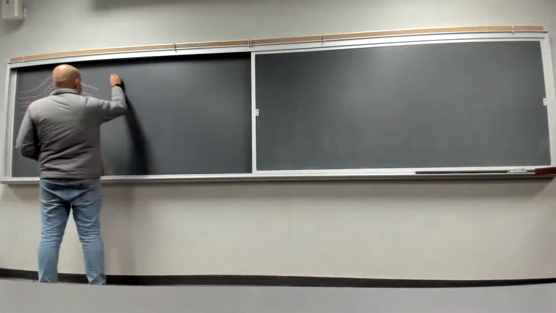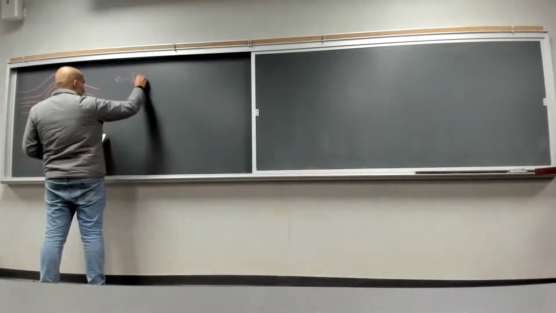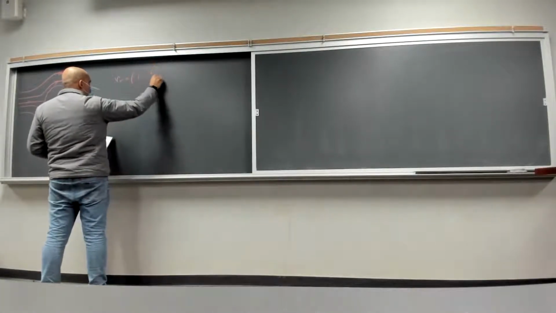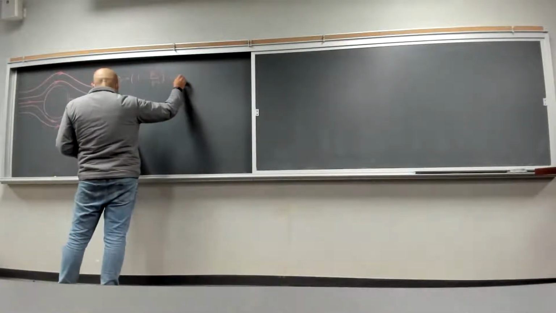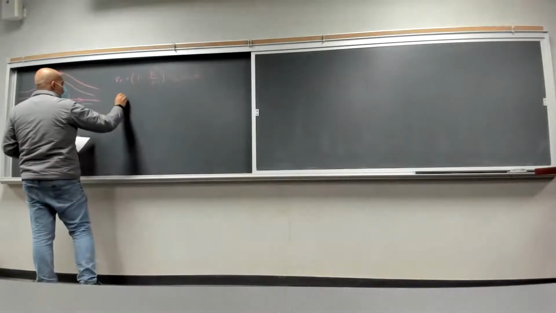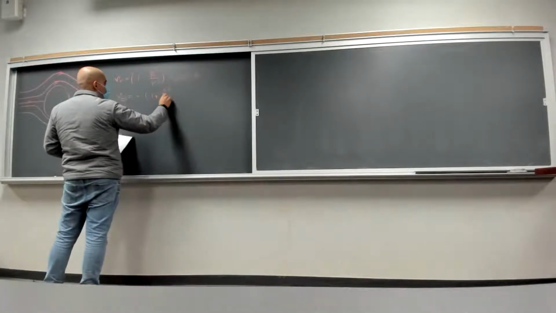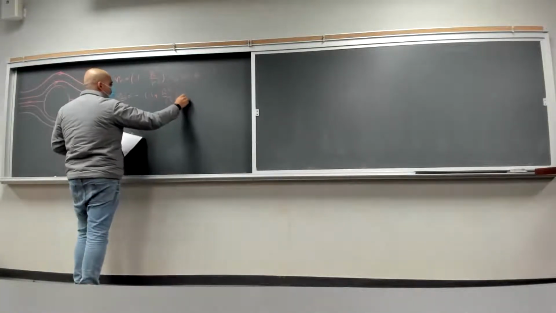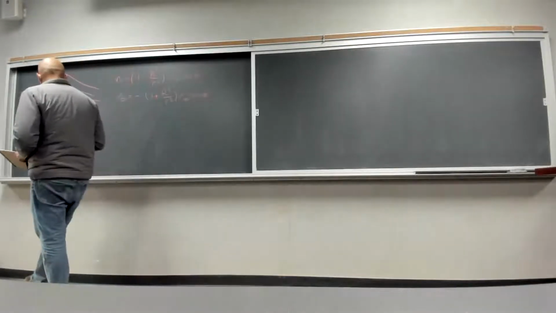I gave you the velocities with respect to r and theta in the cylindrical coordinate system. Vr is 1 minus R squared over r squared, times V infinity cosine of theta, and V theta is negative 1 plus R squared over r squared, times V infinity sine of theta.